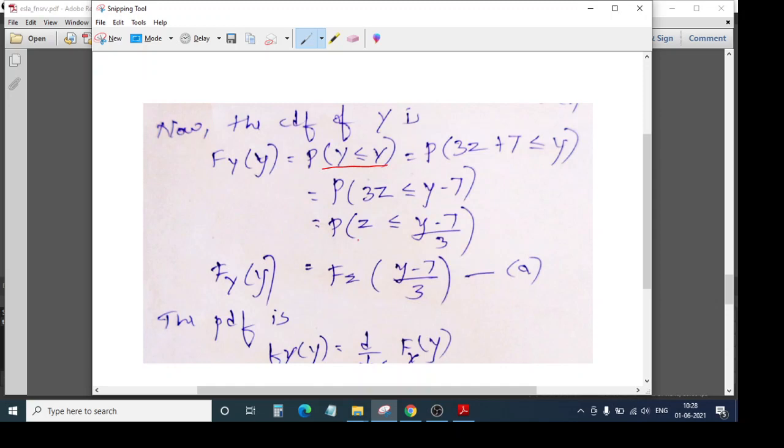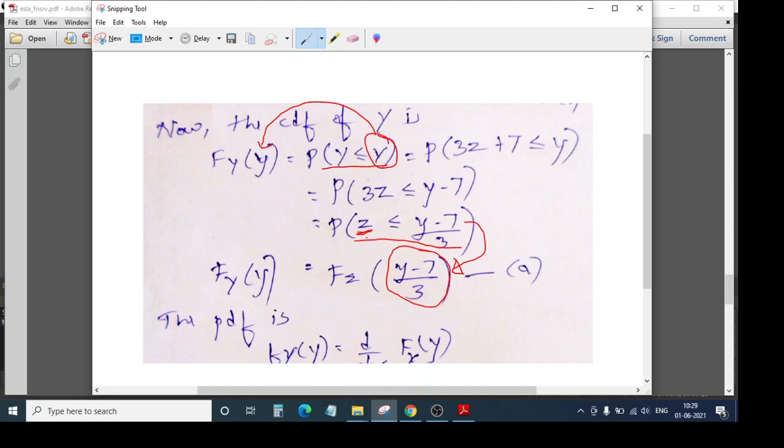What we have achieved now is Z is less than or equal to (y minus 7) by 3. Here, if you observe, this small y has come in place of here. Similarly, this (y minus 7) by 3 has come from here.